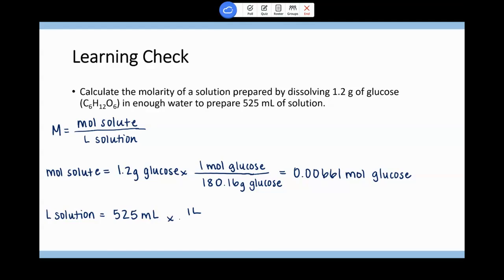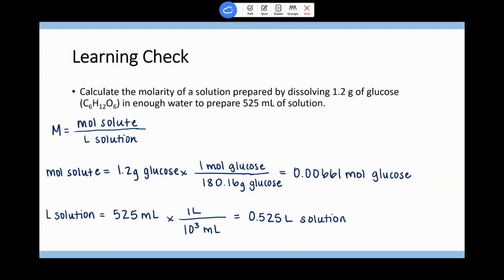We need to convert this to liters. 1 liter is 10 to the third milliliters.